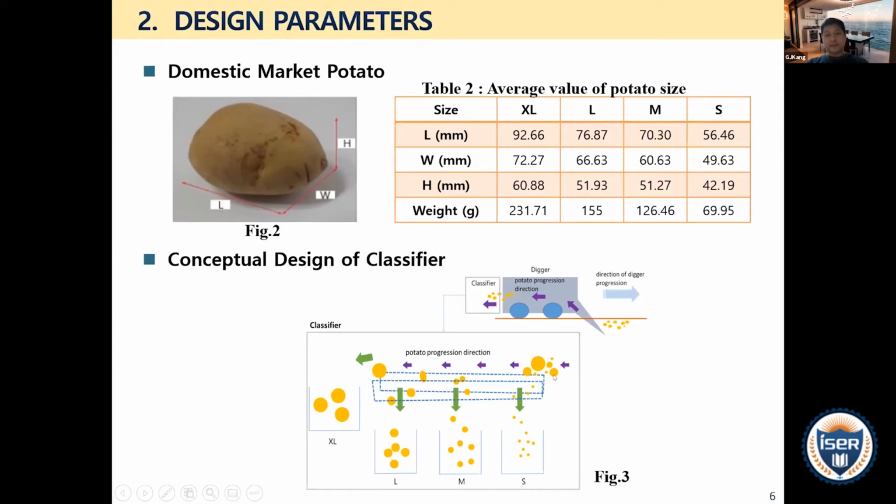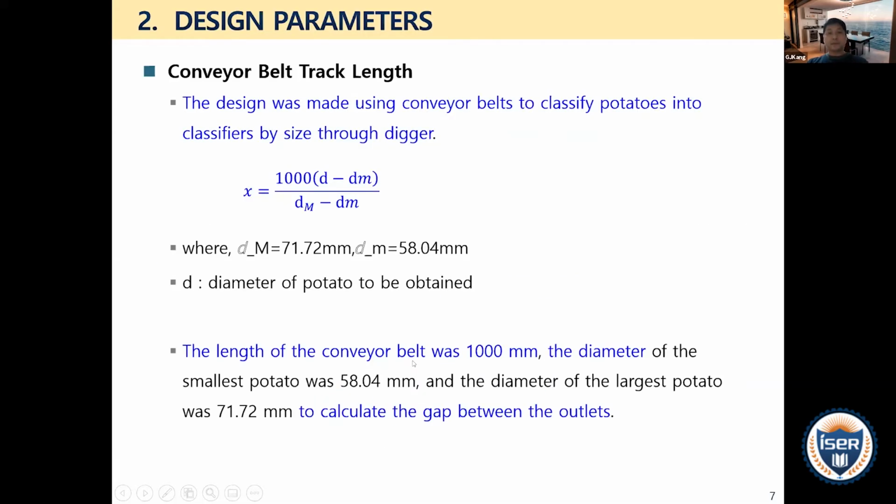The classifier classifies the potatoes from small size to X large size. The design was made using conveyor belts to classify potatoes by size through the digger. The length of the conveyor belt was 1 meter.